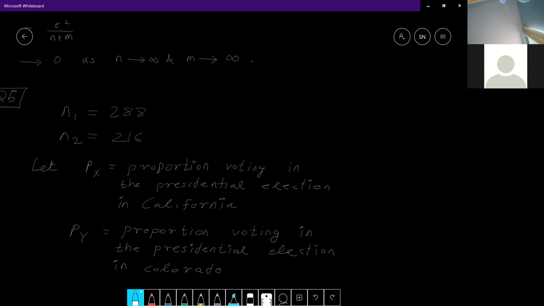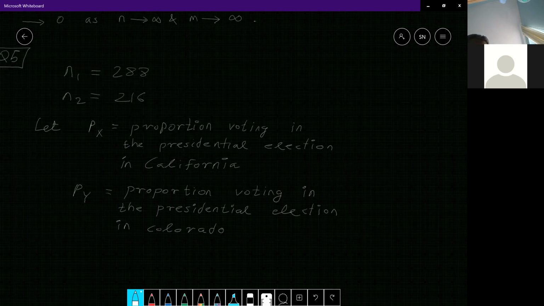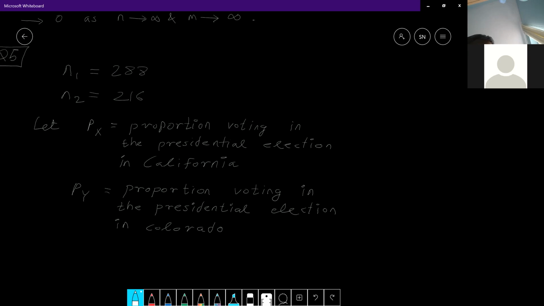What we are trying to construct is a 95% confidence interval for the difference, right? So we want a 95% confidence interval for PX minus PY.